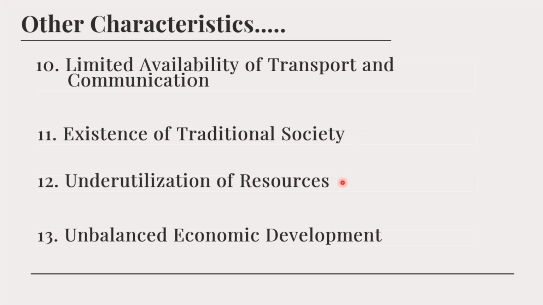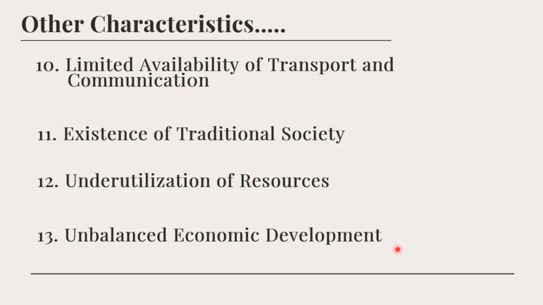And the last point which I would like to mention is unbalanced economic development. No doubt it depends upon geography and natural factors. Within a state, we can see different levels of development in different regions. In the country overall, some states are developed, and still some states are considered underdeveloped.